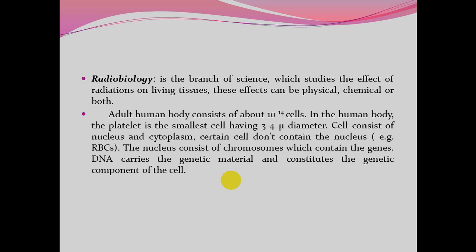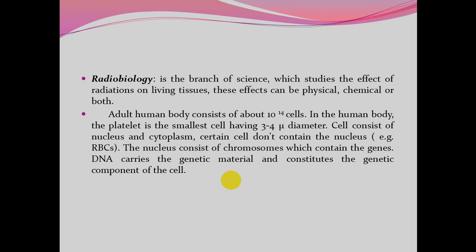As you know, the adult human body consists of about 10 to the power of 14 cells. In the human body, the platelet is the smallest cell. Cells consist of a nucleus and cytoplasm. Certain cells don't contain a nucleus, for example the RBCs.